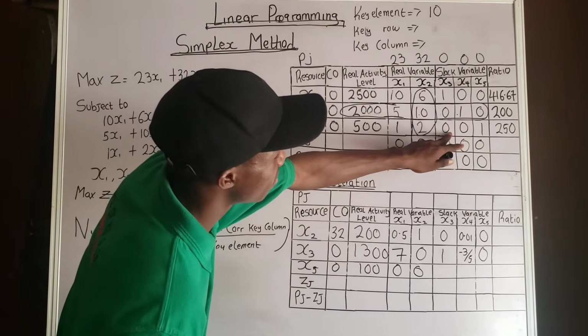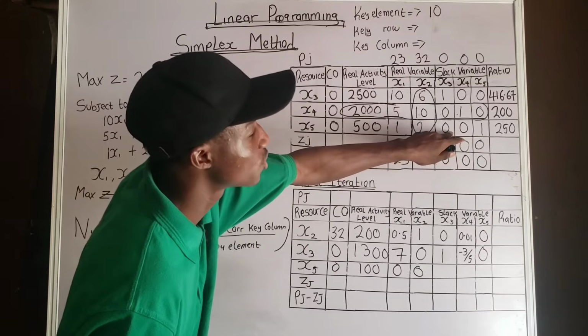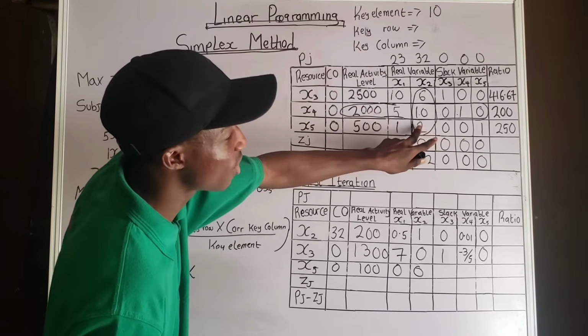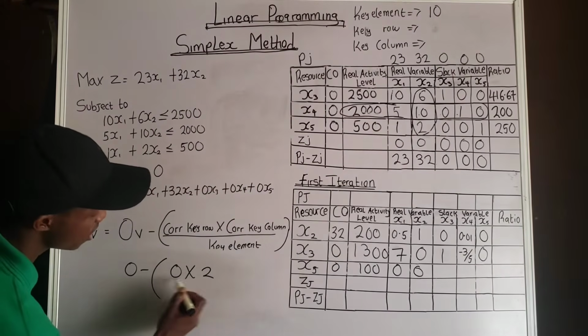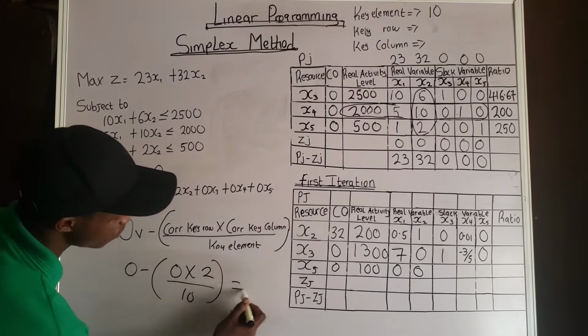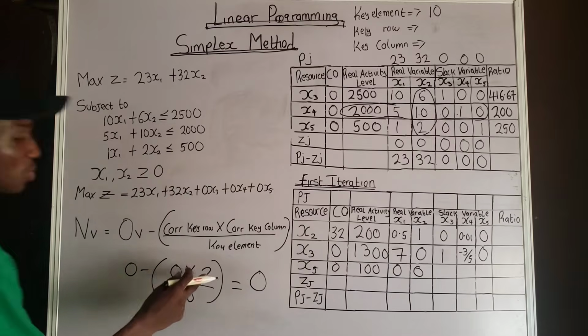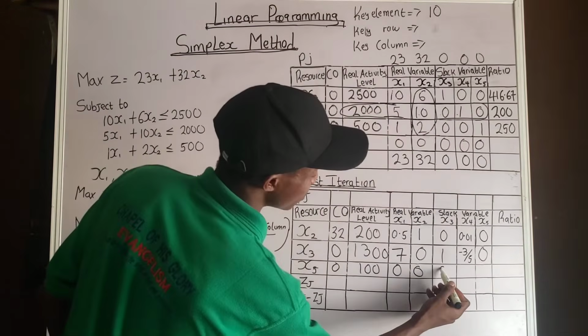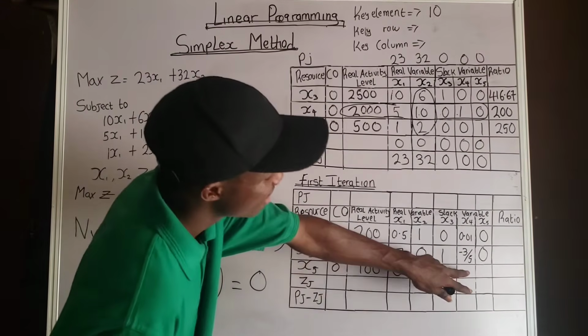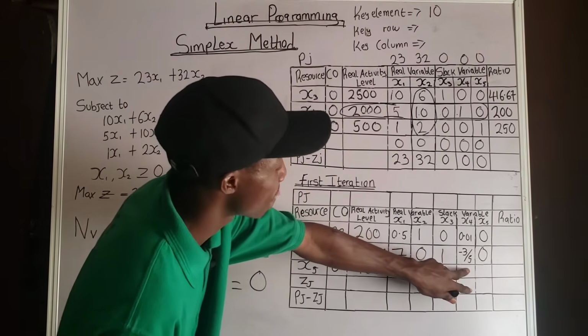I'm going to trace it from this 0 to the key column element. The element that corresponds to 0 from the key column is what? 2. So I'm going to have 0 multiplied by 2 all over 10. So the answer is what? 0, because 2 multiplied by 0 is 0, 0 divided by 10 is 0, 0 minus 0 is 0. So the new value of these cells is what? 0.